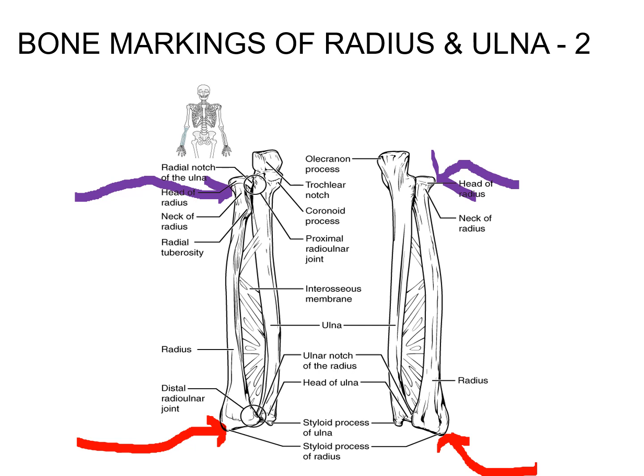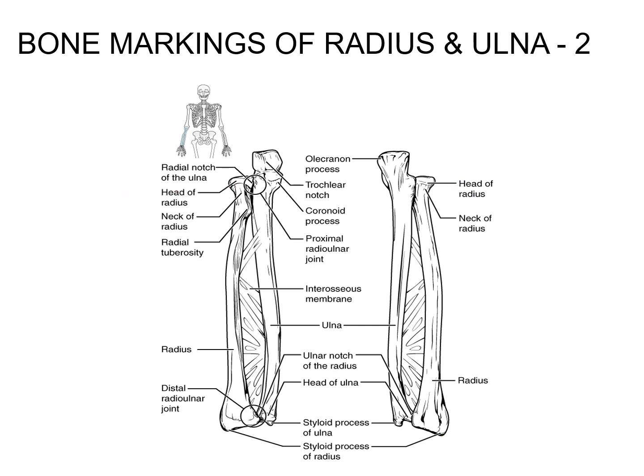Let me clear this out, and then I'll show you the three bone markings that we just covered for the ulna. Once again, this is an anterior view, and this is a posterior view of these two bones together. This notch right here, where we have this groove or indentation, is the semilunar notch, also known as the trochlear notch.